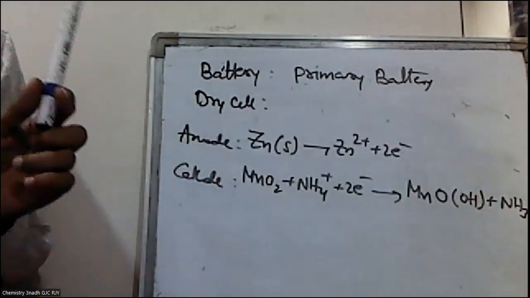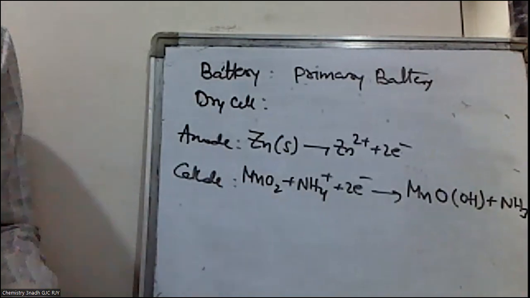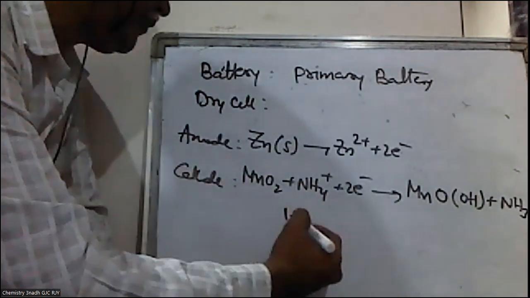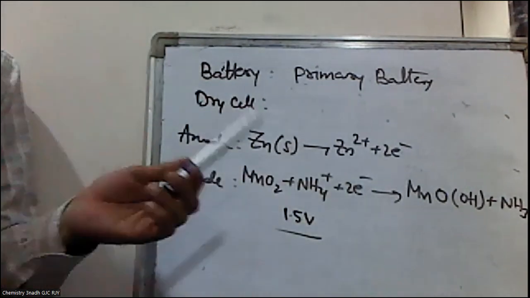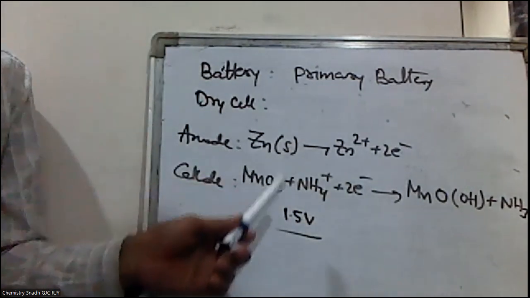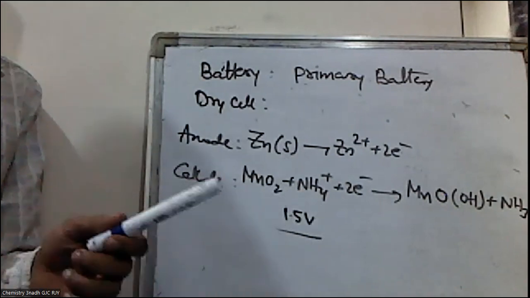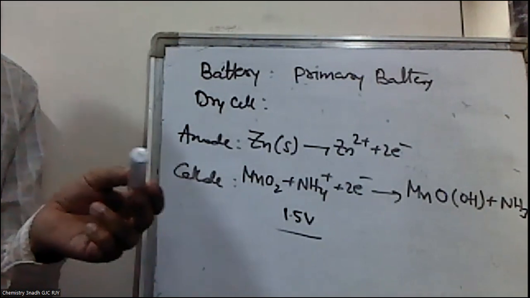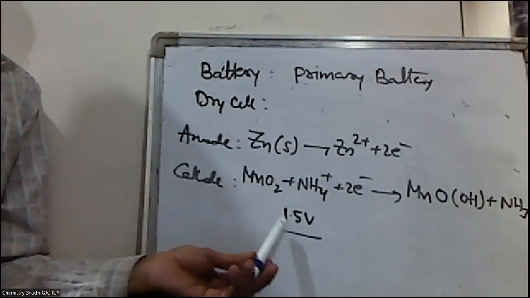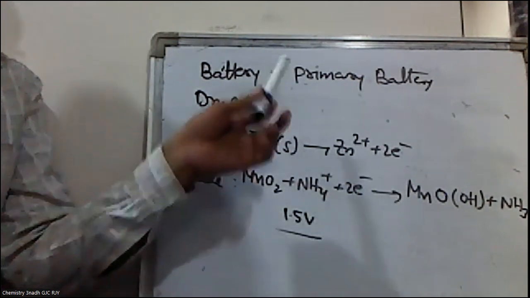The cell exhibits a potential of nearly 1.5 volts. You can see on your remote battery 1.5 volts. This is a dry cell.